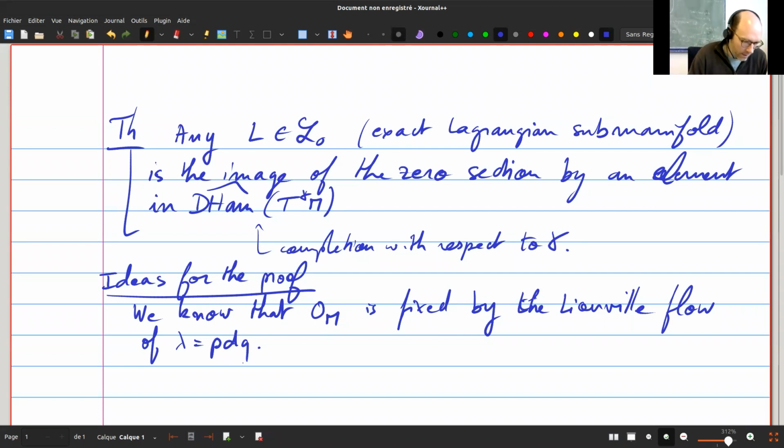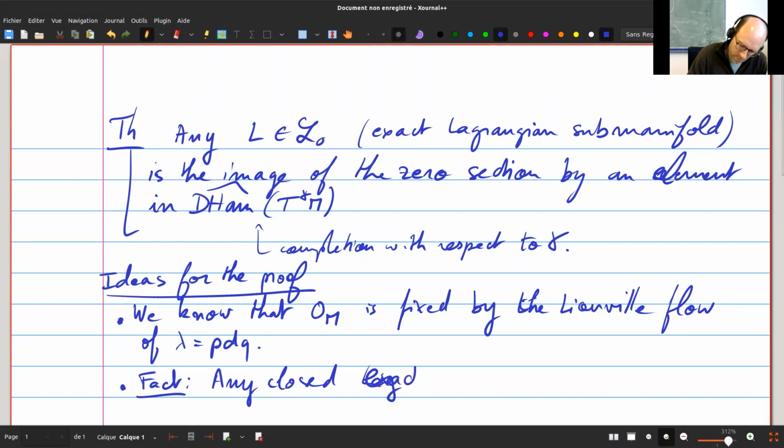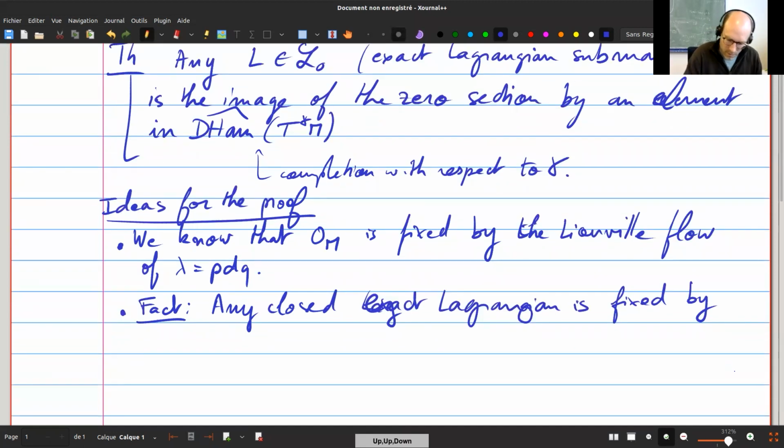In fact, it's more general. There's a fact that any closed exact Lagrangian is fixed by some Liouville flow.